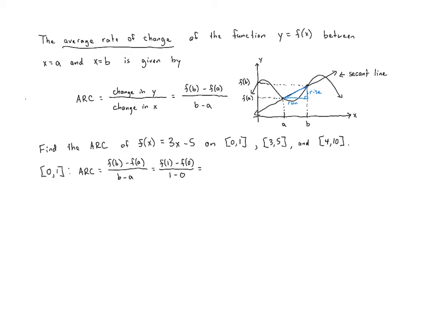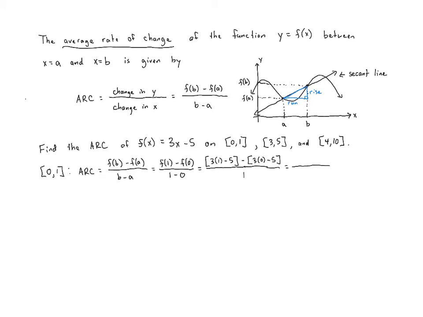Now, f of 1 is our function value at 1. I'm going to put it in brackets. So f of 1 is going to be 3 times 1 minus 5 minus f of 0, which is 3 times 0 minus 5, all over 1 minus 0, which is just 1.